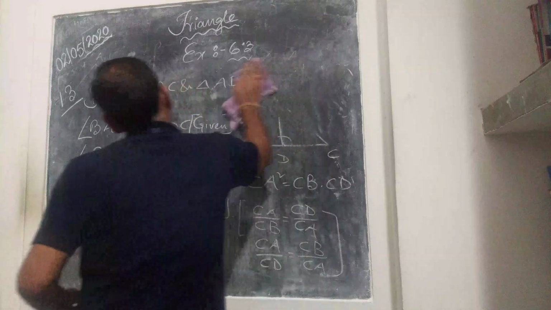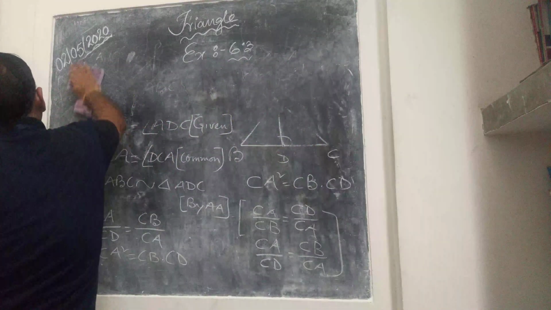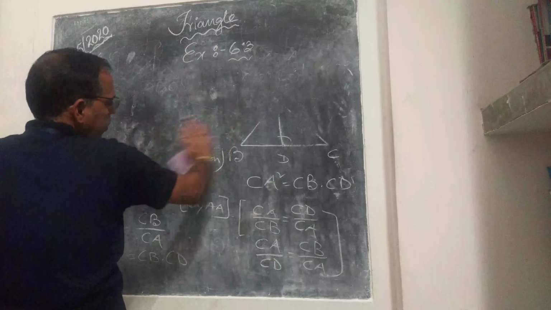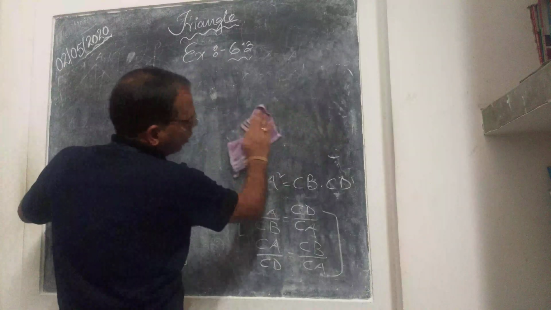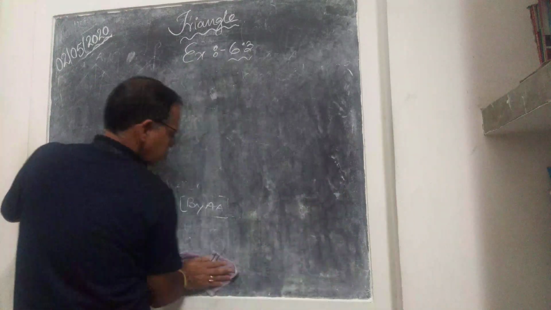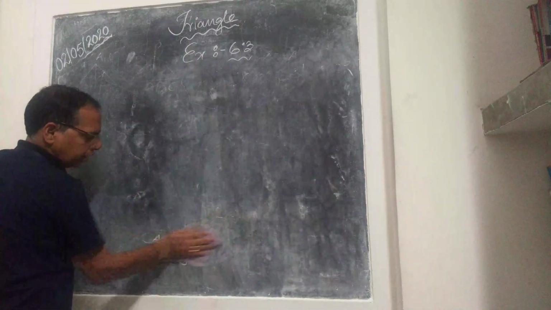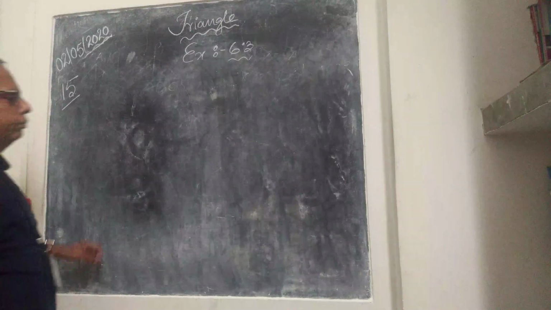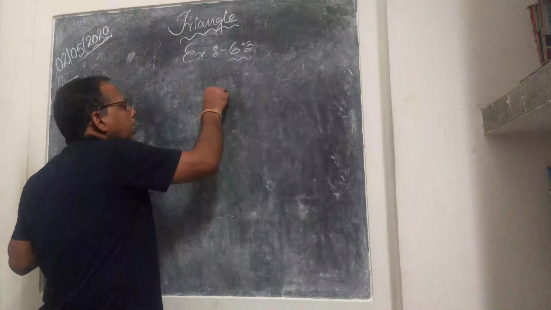So let's see question number 15. Before I draw the diagram, you please start and try to draw. If it is wrong, you can see from my diagram and rectify. So first, a vertical pole.